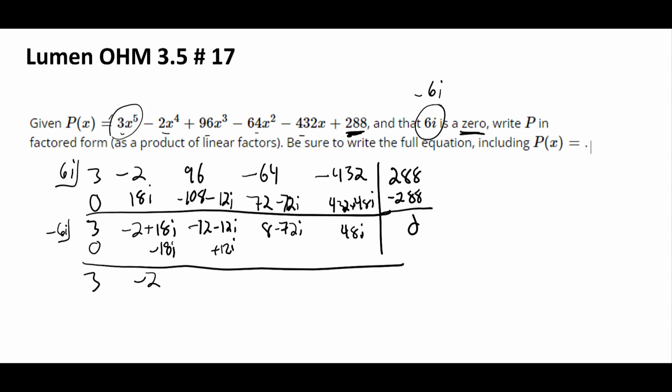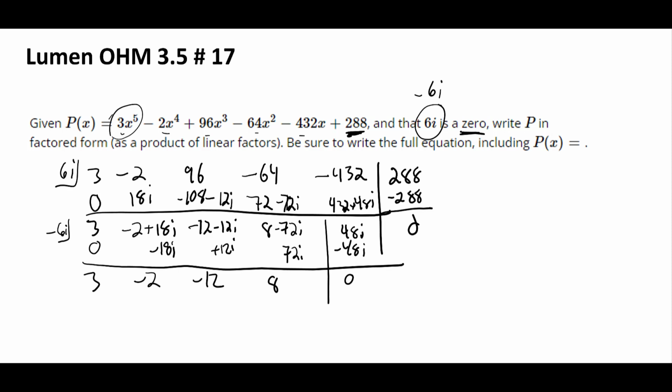And that's going to go away. We have a minus 12 left. The negative 6i times negative 12 is a positive 72i. So that's going to be an 8 left. And negative 6i times 8 is a negative 48i. And so all the i's are gone. So you can see, like, clean up on aisle i.